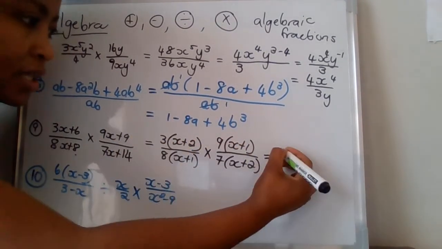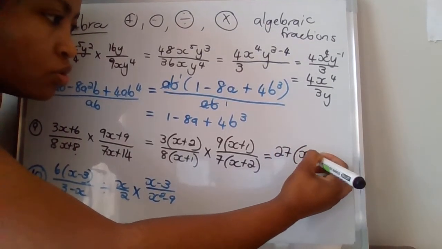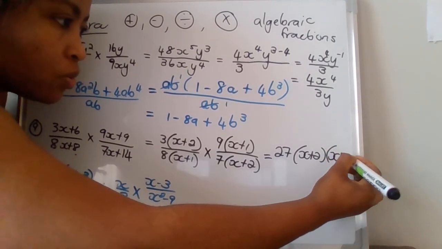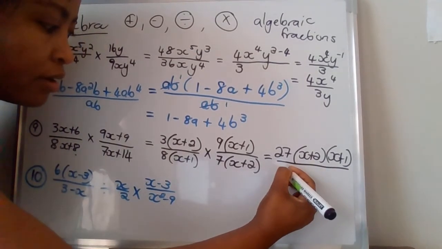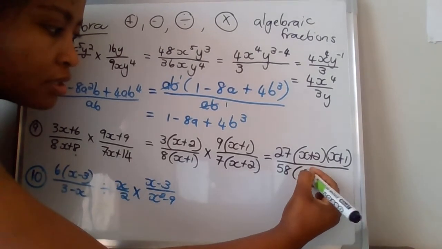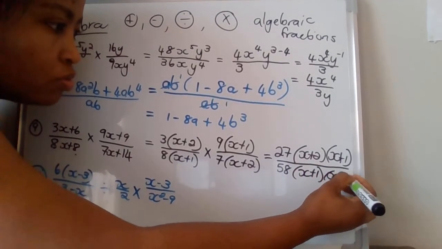So 3 times 9 is 27, multiplied by x plus 2 times x plus 1, all over 8 times 7 is 56 times x plus 1 times x plus 2.